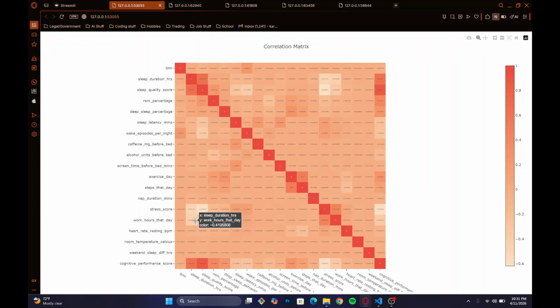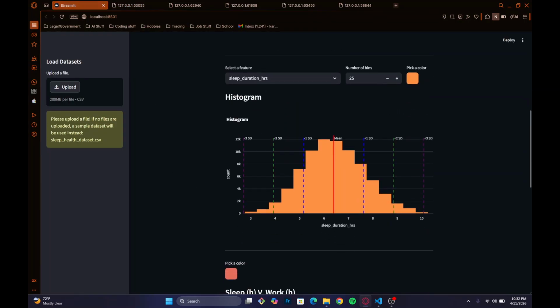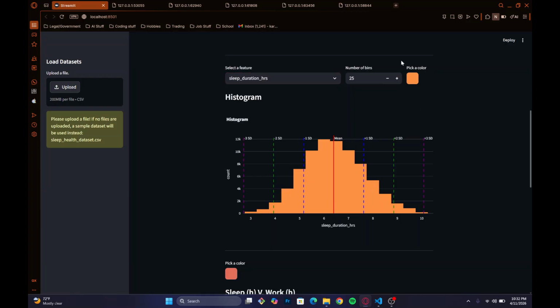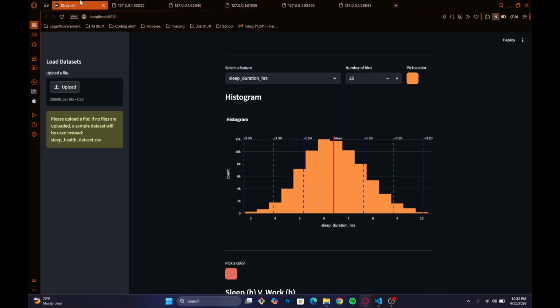Now, I mainly wanted to focus on the amount of the negative correlation that sleep hours and work hours have. So I delved deeper into that. I decided, as a default, I wanted to make a histogram of sleep hours. Of course, you can choose anything else, change the number of bins and your color, but I mainly wanted to focus on the histogram.